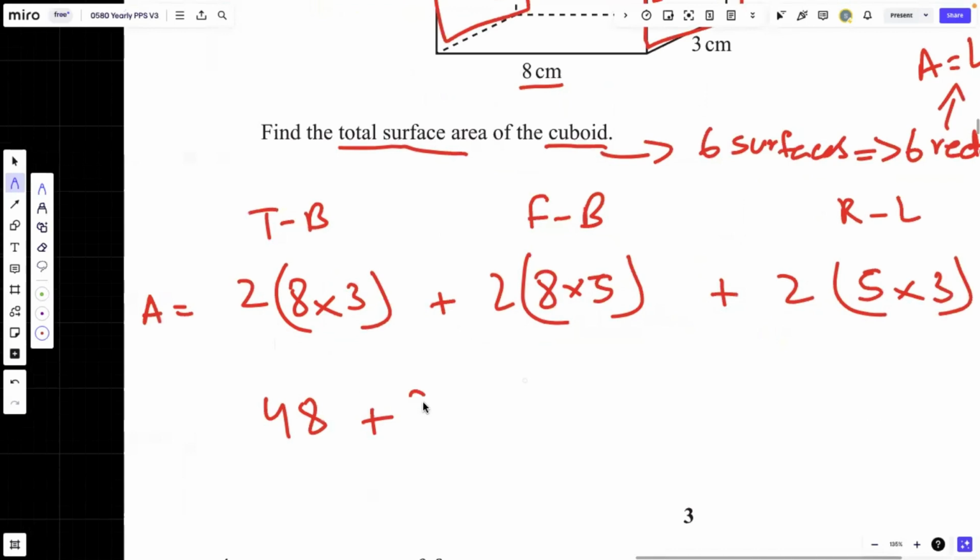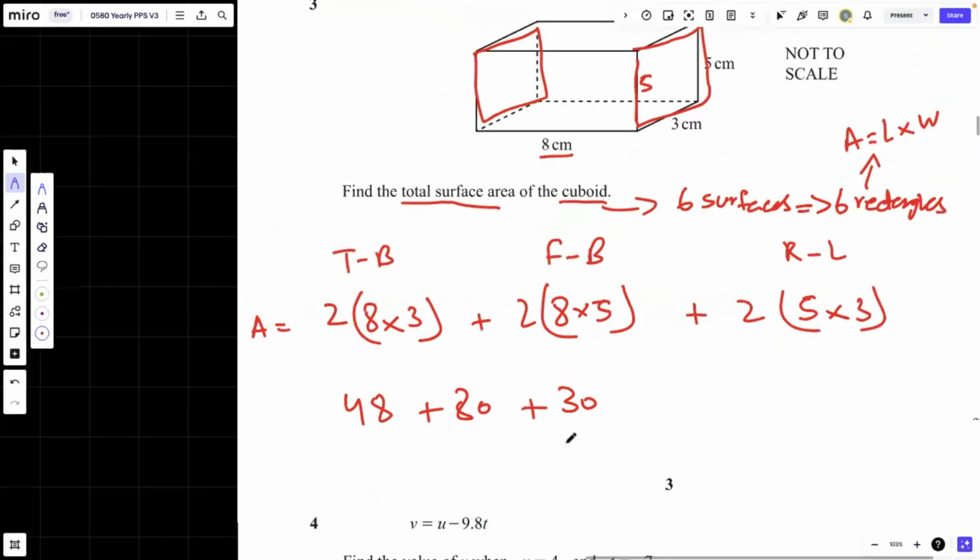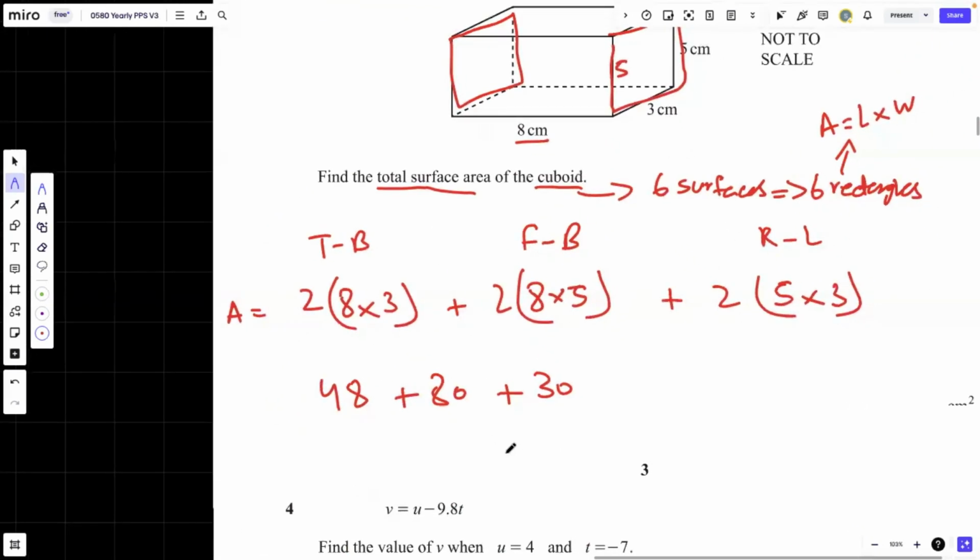It's going to be 80, and this is 15 times 2, which is 30. When we add them up, we should be getting 158 actually. 258. Yeah.